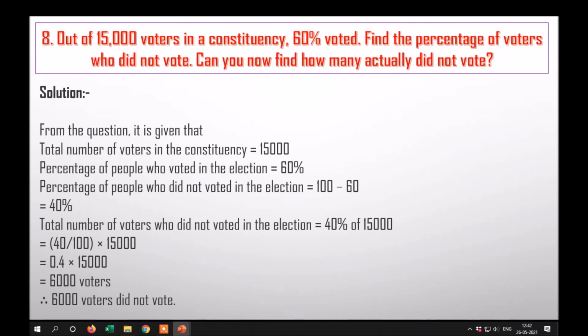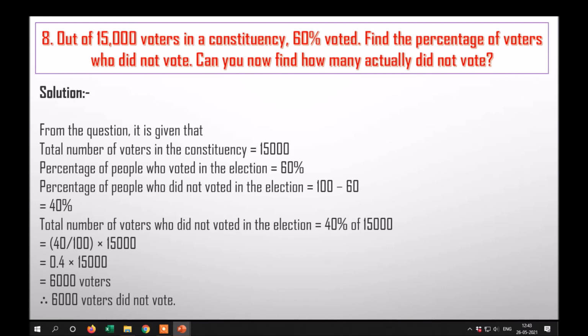Eighth question, out of 15,000 voters in a constituency 60% voted. Find the percentage of voters who did not vote. Can you now find how many actually did not vote? So number of voters is 15,000.